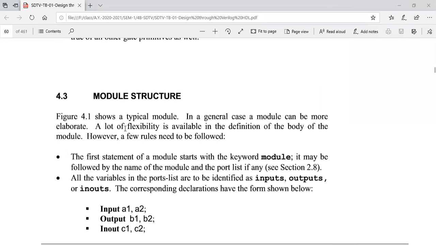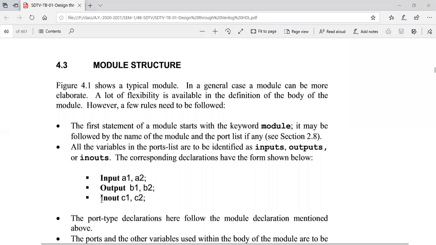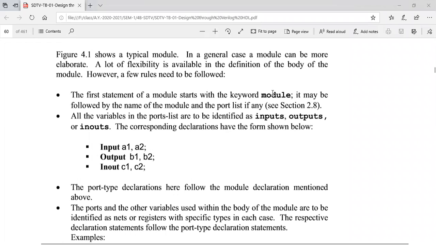So here we are discussing this module statement more elaborately. When you write, module is the keyword. We can give some name, and if you give a name, we can recall it once again. For that purpose we give a name, and in the brackets we write the arguments.